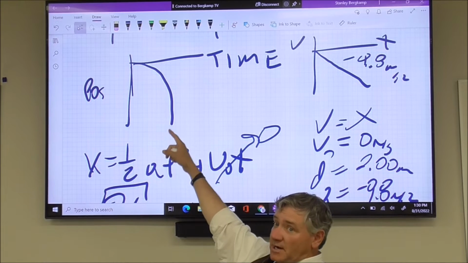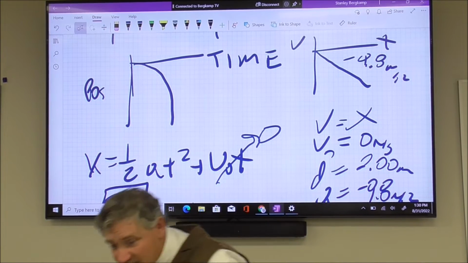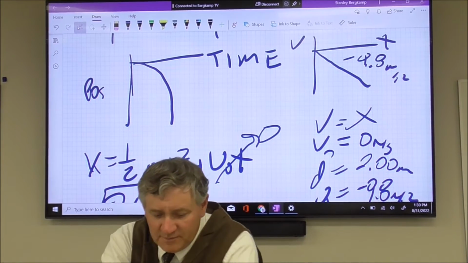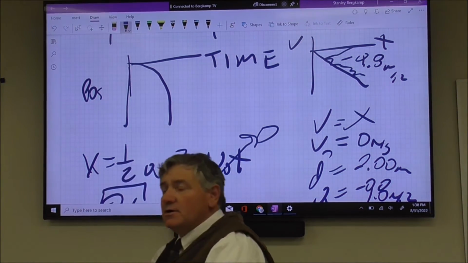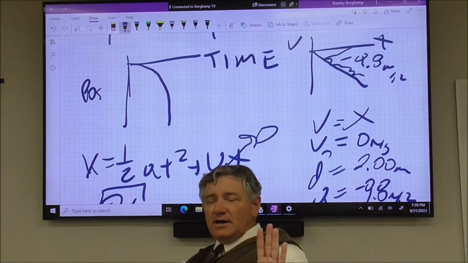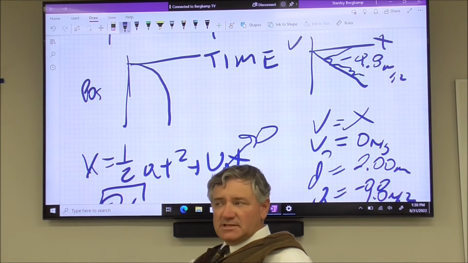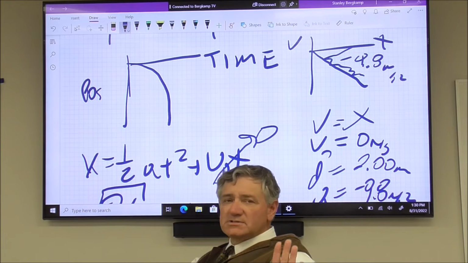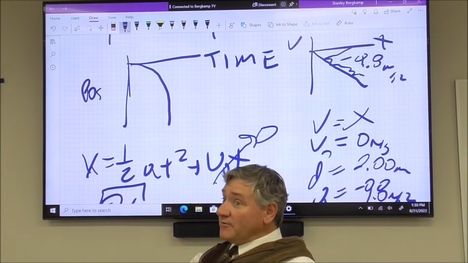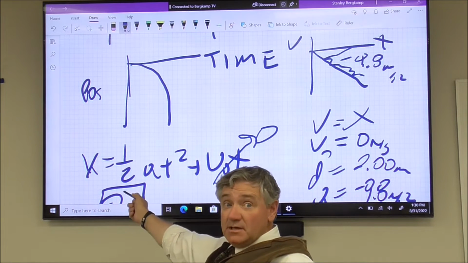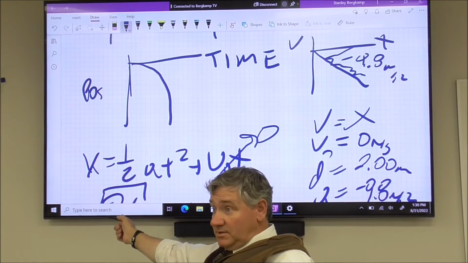And here's the other thing. If you go to your velocity time graph and find that area, what's the sign of that area? Don't worry about the number. It's going to be a negative value. And because we know how far it falls, we know that area is going to be negative 2 meters.